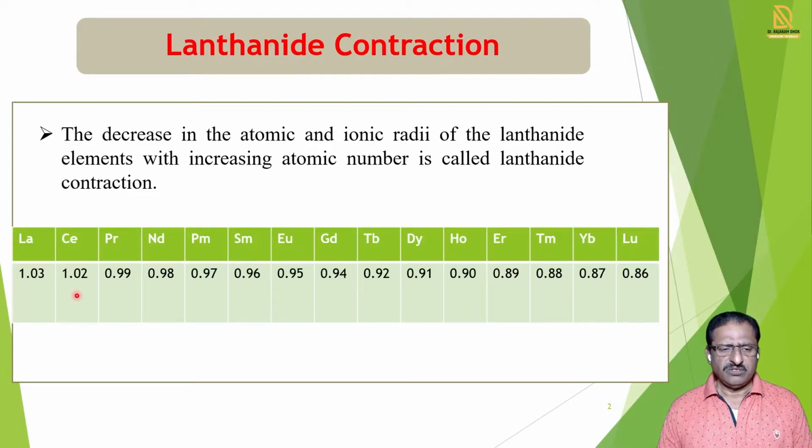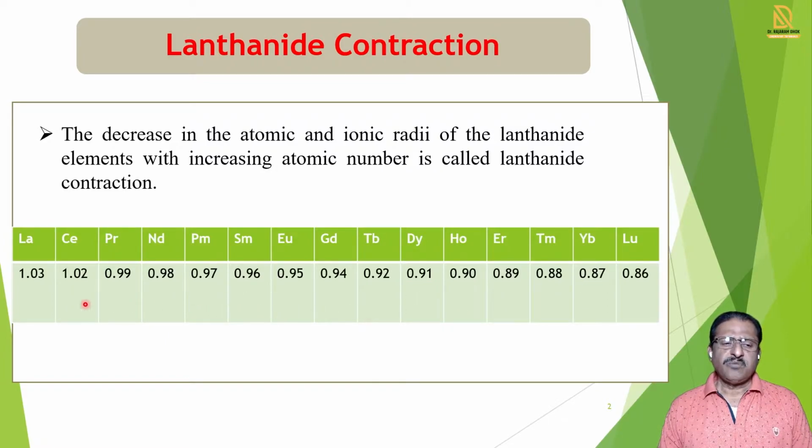Cerium 1.02, Pr 0.99, Nd 0.98, Pm 0.97, Sm 0.96, Eu 0.95, then Gd 0.94, Tb 0.92, Dy 0.91, Ho 0.90, Er 0.89, Tm 0.88, Yb 0.87, and Lu 0.86.